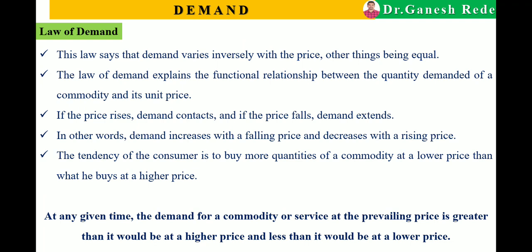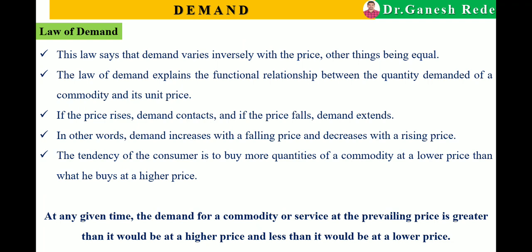But as the price decreases, quantity demanded will increase. So the law of demand explains the functional relationship between quantity demanded for a commodity and its unit price, in different units.